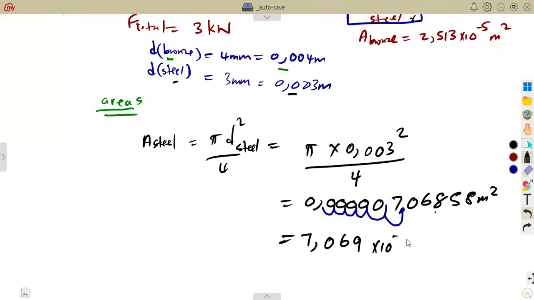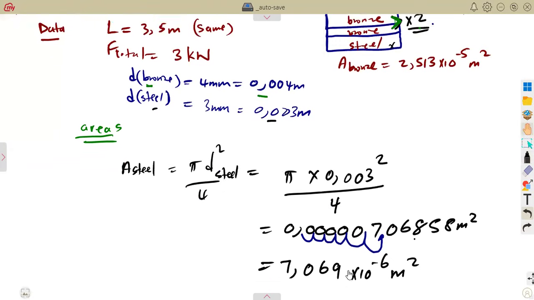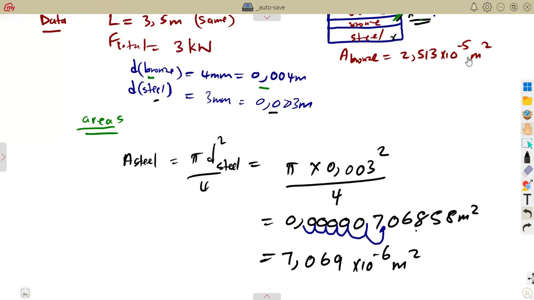So that's times 10 exponent of negative 6. If we knew, guys, we could have just used a negative 6 on this one, but no problem. Just use whatever that you want. The area for steel is given as 7,069 times 10 to the exponent of minus 6 in square meters.